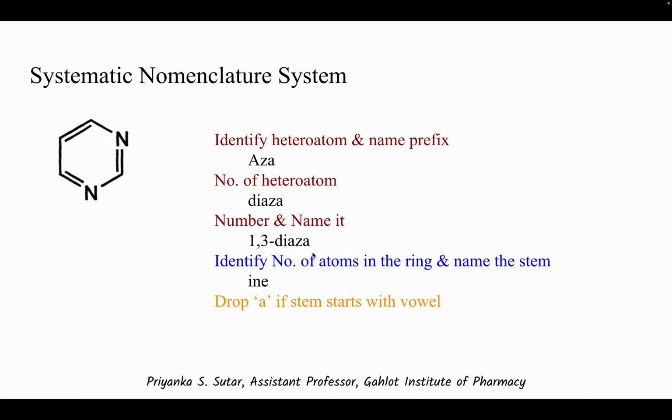So the terminal A you have to drop, right? So write the name of the structure. It will be 1,3-diazine.